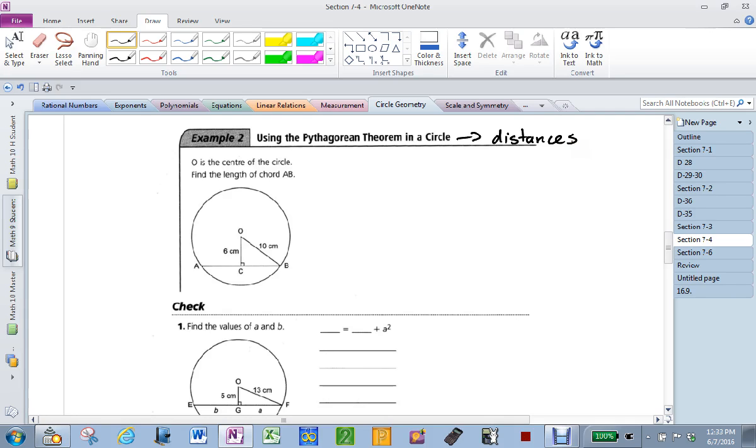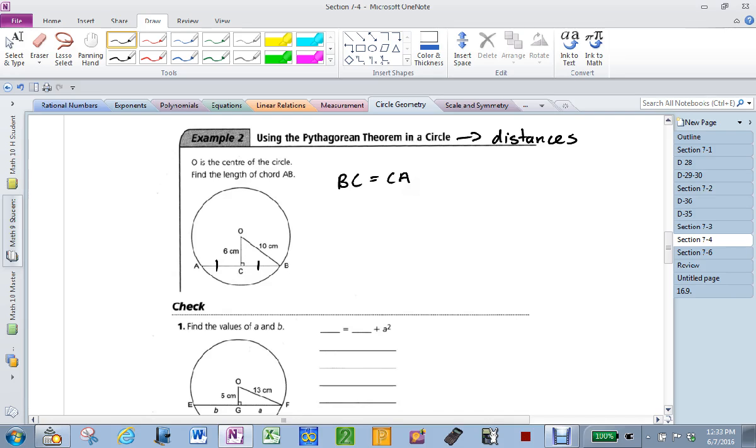So, find the length of the chord AB. Well, we know a bit about this chord, don't we? What do we know about chord AB? That 90 means what? That this is halved, yes? So that tells me that BC equals CA, doesn't it?